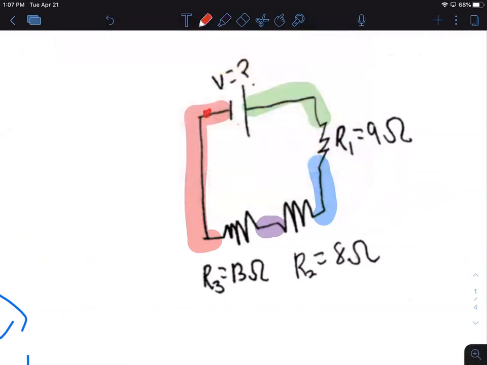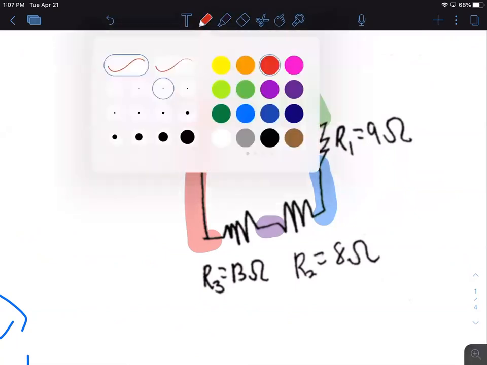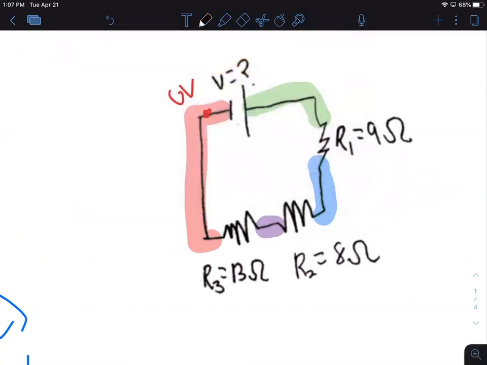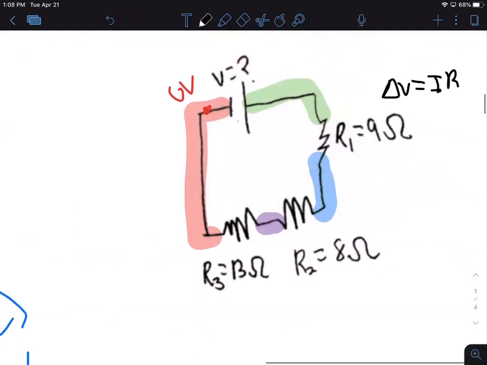I'm going to say before the battery, I'm going to choose that to be 0 volts. Delta V equals IR, Ohm's law. We're told the current everywhere, 1 loop, is 5 amps.